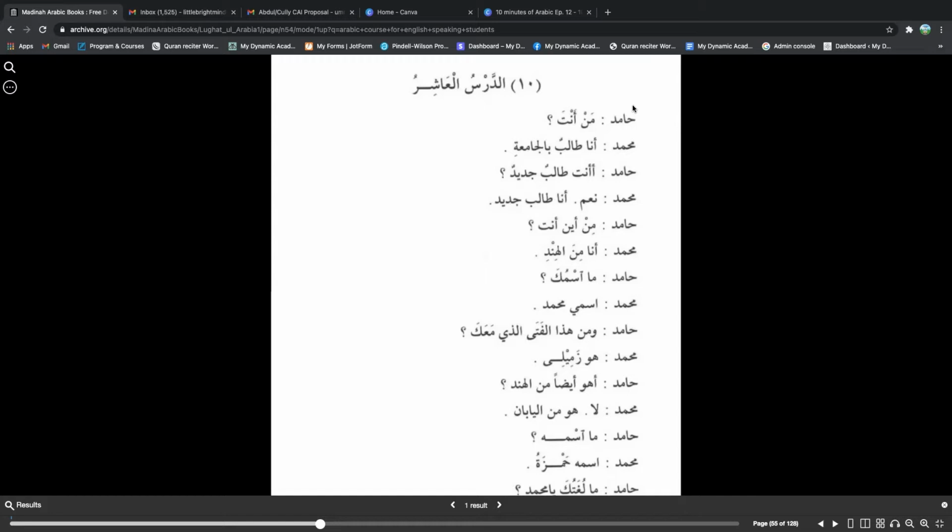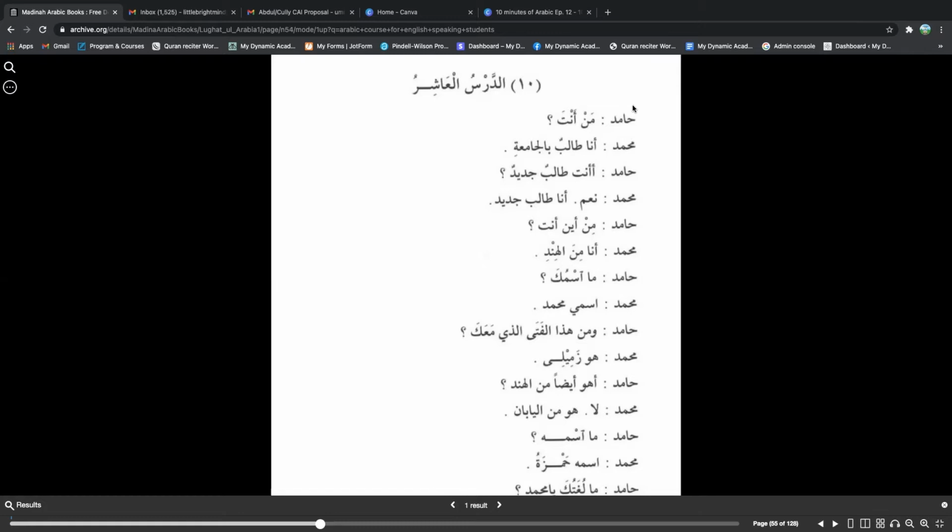So for ka, a kaf with a fatha on it means you, masculine. So if you have kitabun and you want to make it your book, then drop off one of the dhammas on the ba, the last letter. So we have kitabu, and then you add the kaf with the fatha, and it becomes kitabuka, your book.